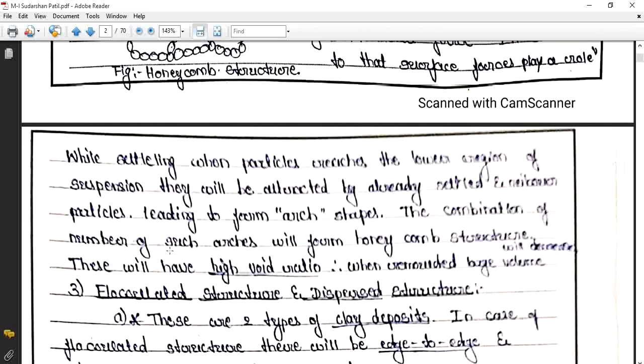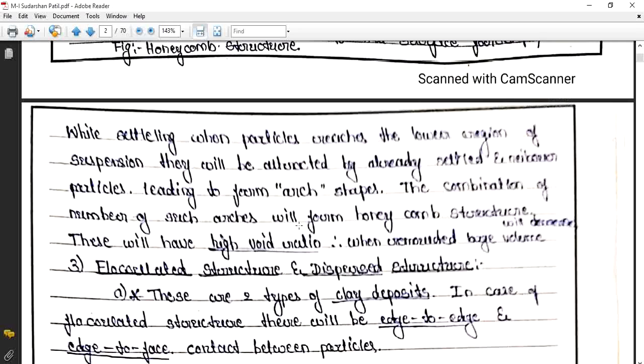The combination of a number of such arches will form the honeycomb structure. So they will have a high void ratio when remolded.